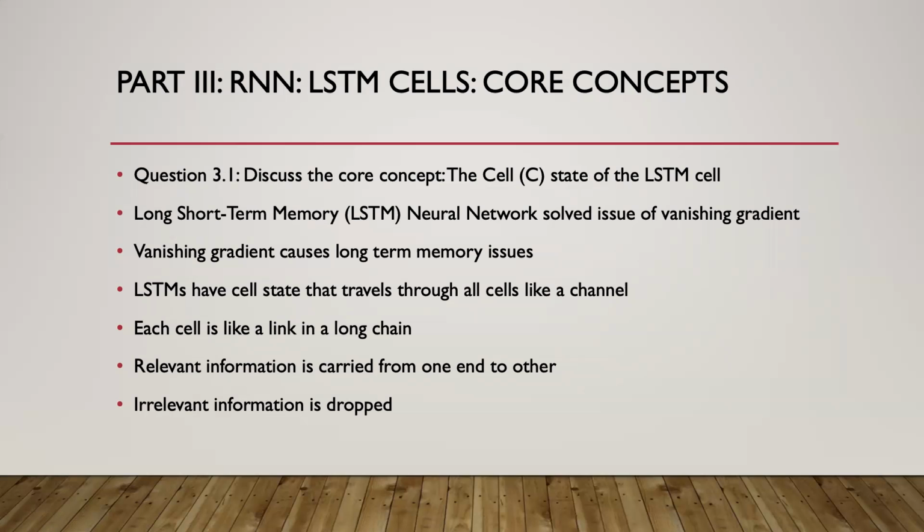So this LSTM was created to solve the issue of the vanishing gradient. I've read a bunch of articles on it. It's hard to understand, at least for me, but the long and short of it is that the vanishing gradient causes long-term memory issues with recurrent neural networks, or the basic ones.